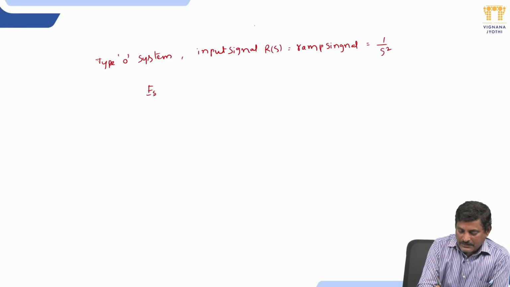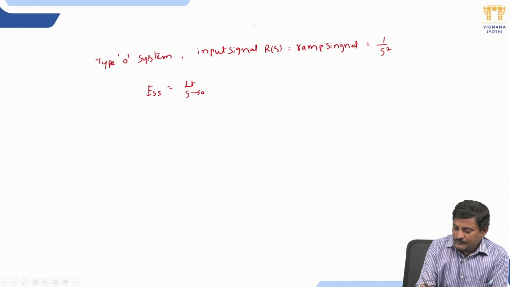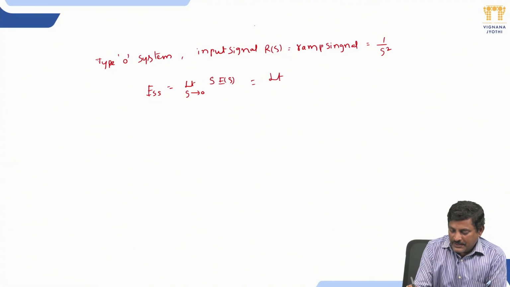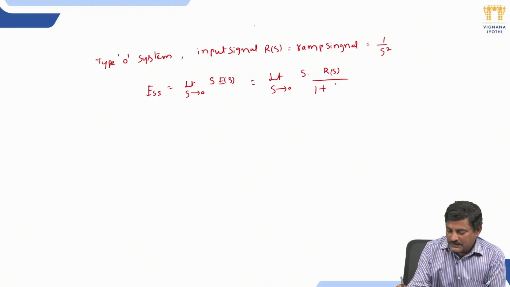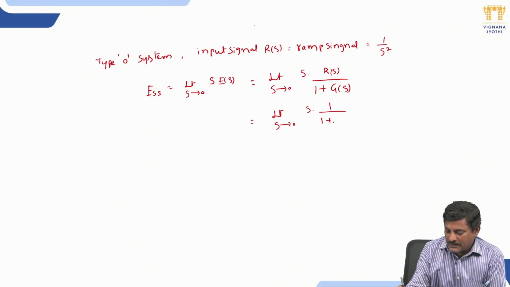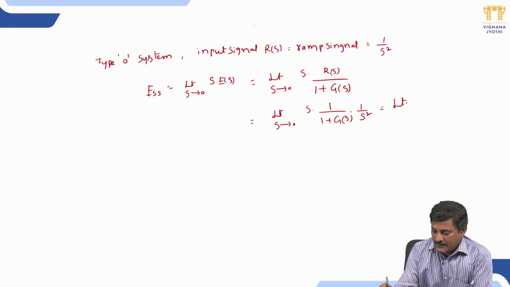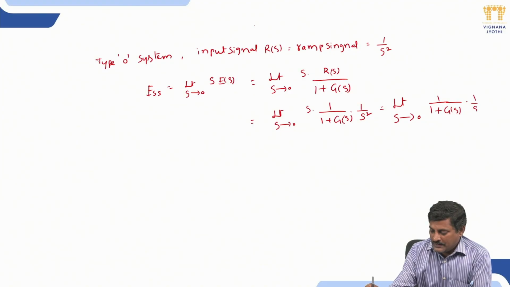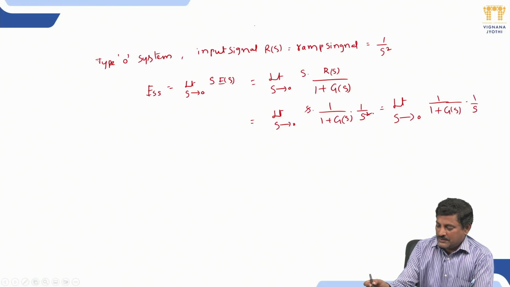Now error ESS is limit S tends to 0, S into E of S, that is limit S tends to 0, S into R of S by 1 plus G of S, that is limit S tends to 0, S into 1 by 1 plus G of S into 1 by S square, which is equal to limit S tends to 0, 1 by 1 plus G of S into 1 by S. This S and S cancel and become like this.